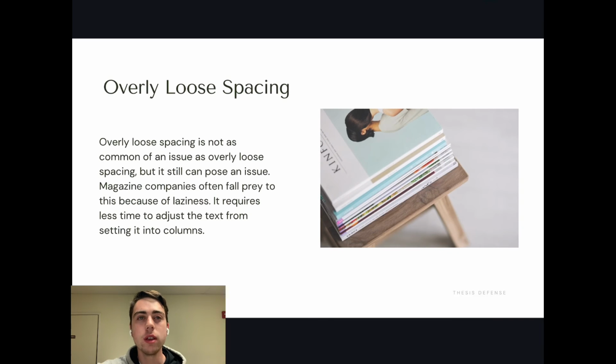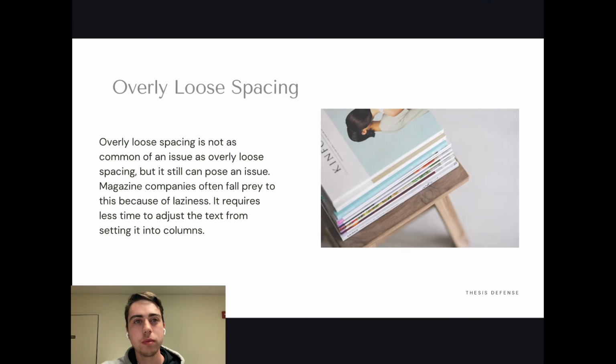And then contrarily, overly loose spacing is not as common of an issue as overly tight spacing, but it still can pose an issue. Magazine companies often fall prey to this because of laziness. It requires less time to adjust the text from setting it into columns.